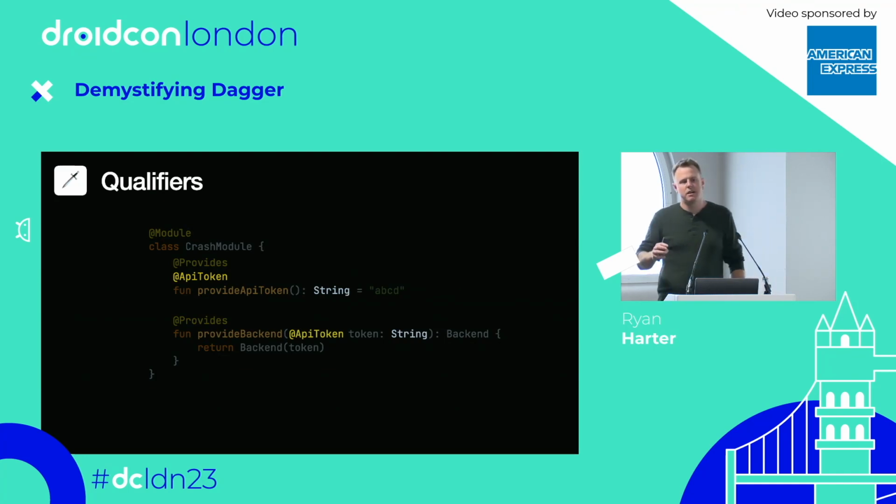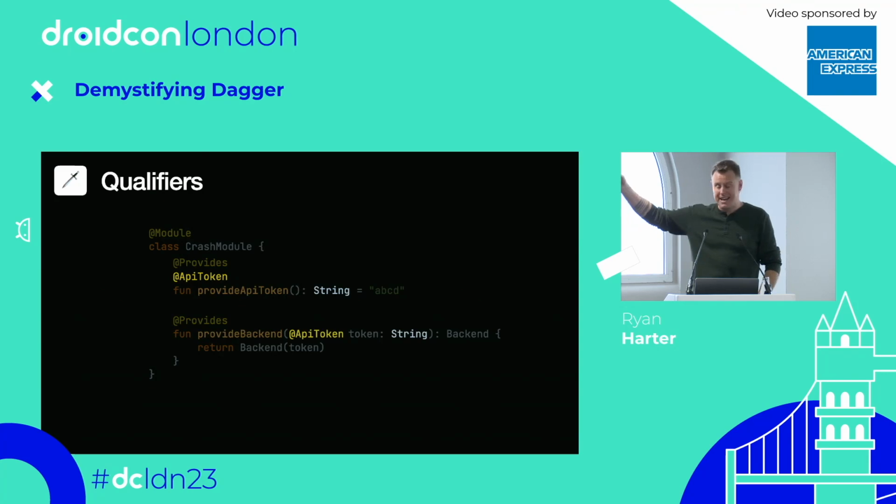The qualifier annotation is one of the 5 that come from JSR 330. And that is an annotation that you put on your own annotation, just to let Dagger know what this annotation is used for. In my case, I created an API token annotation class.